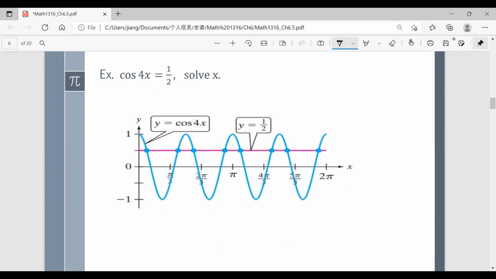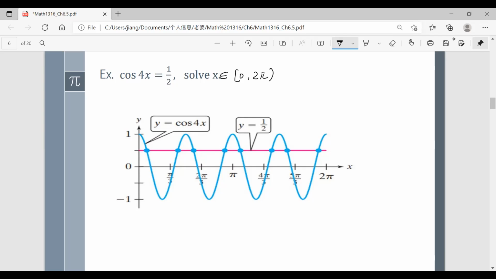Cosine 4x equals 1/2. Solve for x. So here it is not x, here it is 4x. For this question, we just find the solution for x in 0 to 2 pi, because we have too many solutions otherwise.